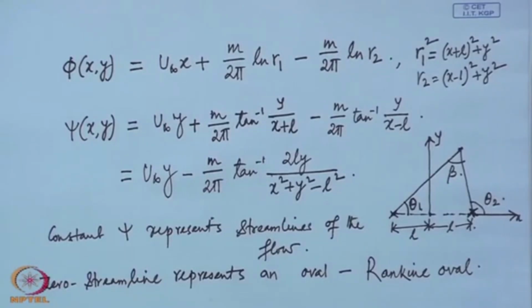And we can say that this combination, a uniform stream, a source and sink of equal strength separated by distance 2L, represents flow past a Rankine shaped oval.